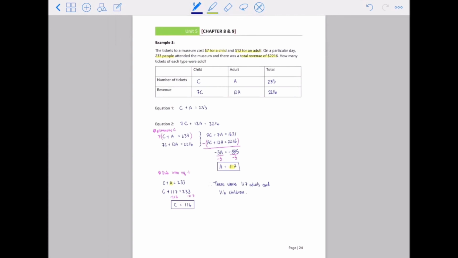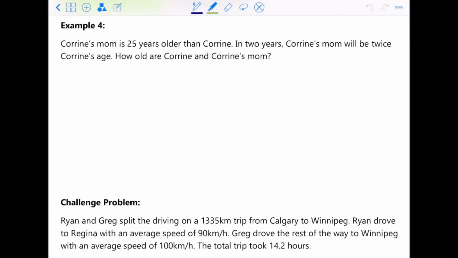That's it for example 3. Example 4. Corinne's mom is 25 years older than Corinne. In 2 years, Corinne's mom will be twice Corinne's age. How old are Corinne and Corinne's mom?